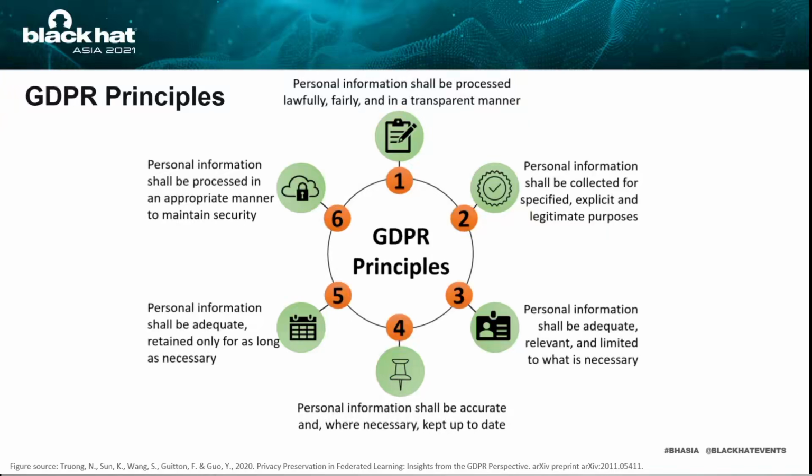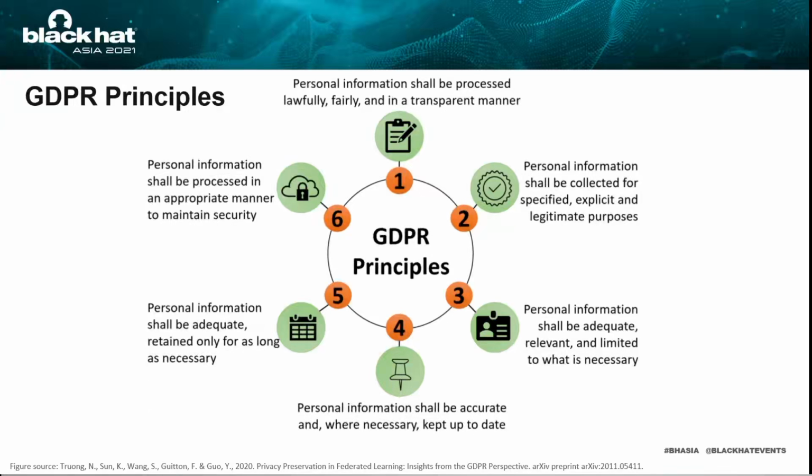And the third principle: the personal information should be adequate, relevant, and limited to what is necessary. So it's quite similar to the least privilege principle. And fourth, the data should be accurate and, whenever necessary, kept up to date. And fifth is about the period the data can be retained by the data controllers.